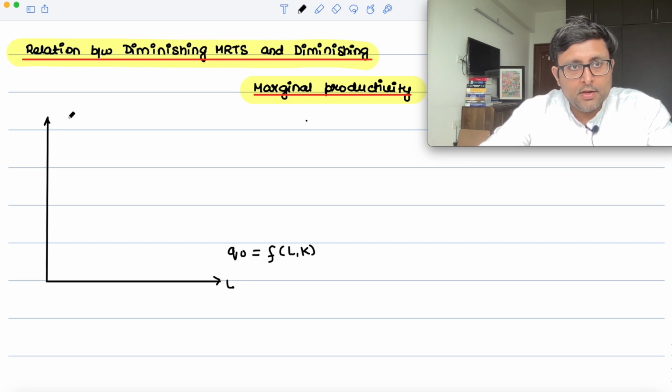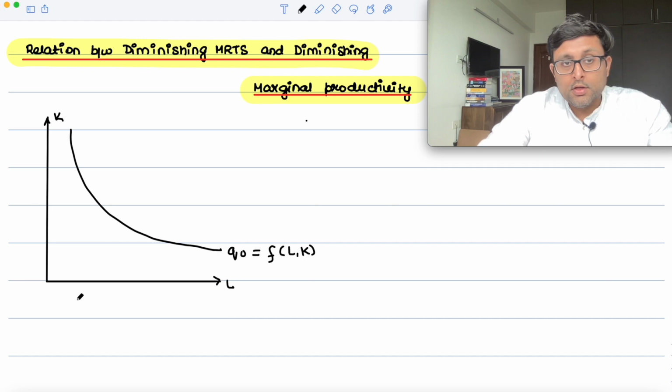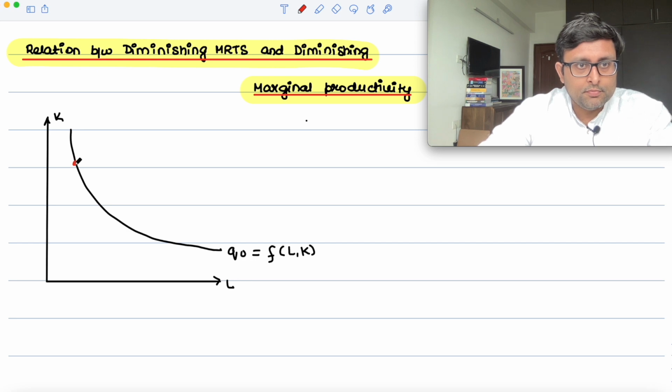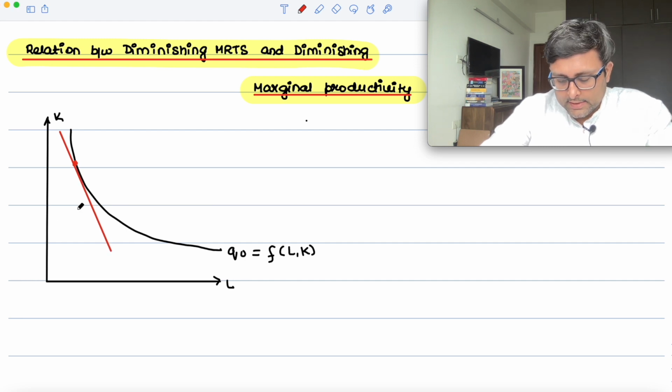So you have L, you have K like this. Fair enough. So this is what my isoquant is. And let's say we are sitting at this point. So the MRTS is defined by the slope of this line. That is, let's say this is point A or something.